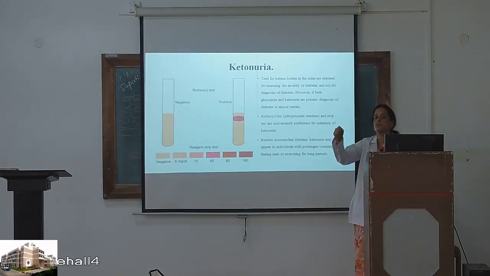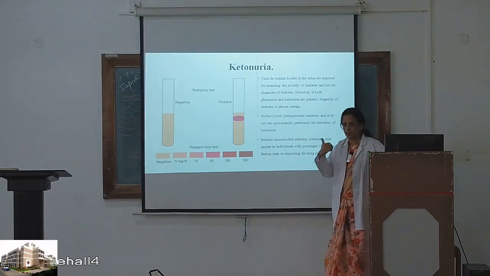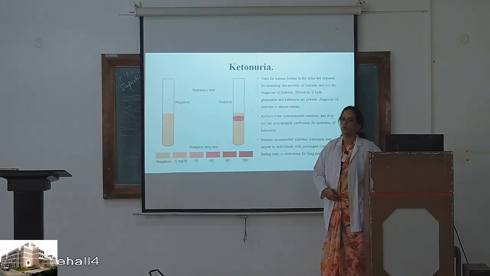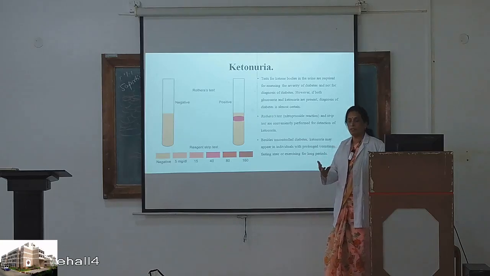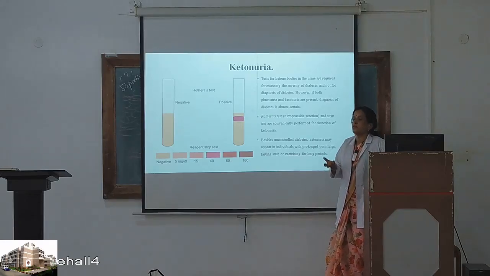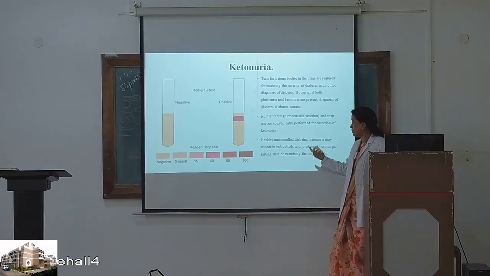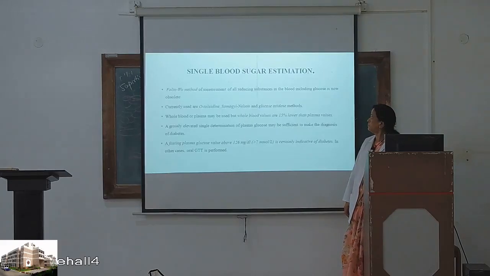This is a frequently asked question in the examination. One is diabetes mellitus, uncontrolled. The other causes are prolonged starvation, prolonged vomiting, hyperemesis gravidarum. In pregnancy, the lady is vomiting, so many times they're not able to consume anything. And glycogen storage disease. All these are the causes for ketonuria.